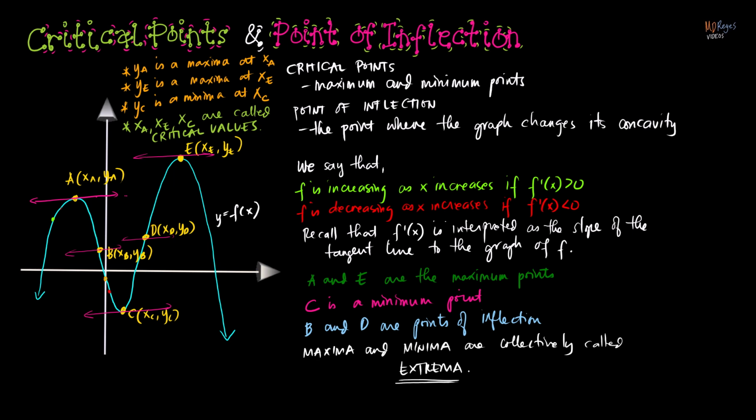Oh, by the way, maxima and minima are collectively called extrema. Extrema of the function are the maxima and minima of the function. Now, how do we find the critical values of a function?